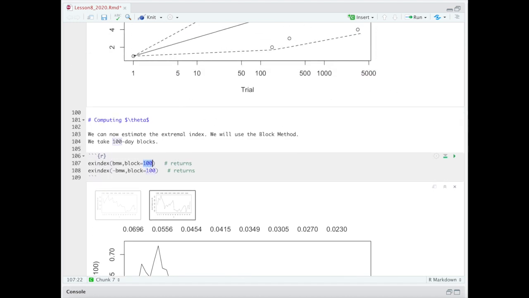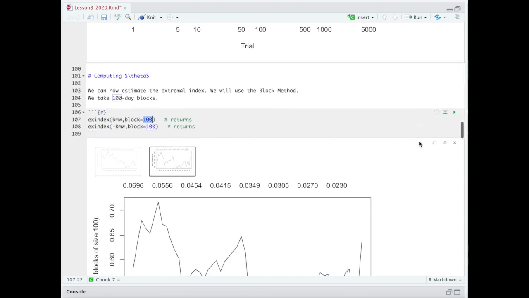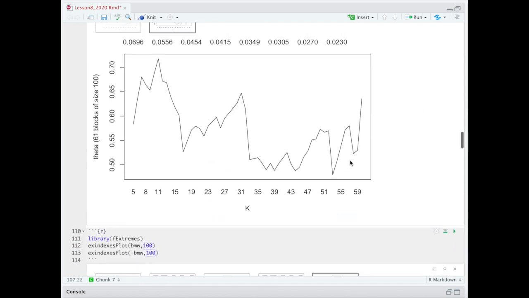Considering our data set here, we have more or less 6,000 observations. And if we divide by blocks of 100 days, it means that we obtain more or less 60 blocks.